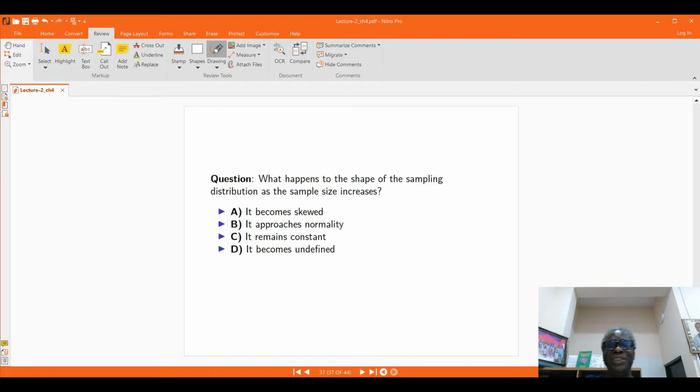Now the next question, I think question 7 now. What happens to the shape of the sampling distribution as the sample size increases? A, it becomes skewed. B, it approaches normality. C, it remains constant. D, it becomes undefined.